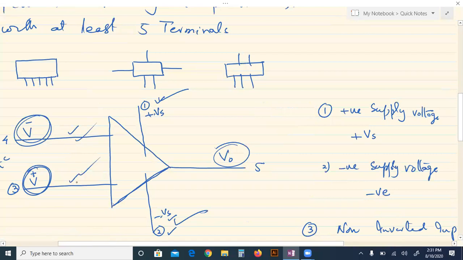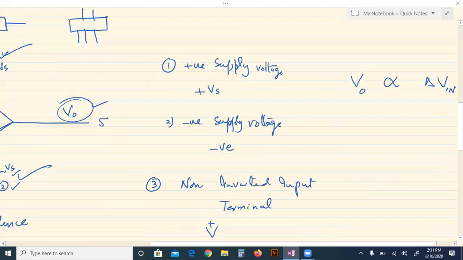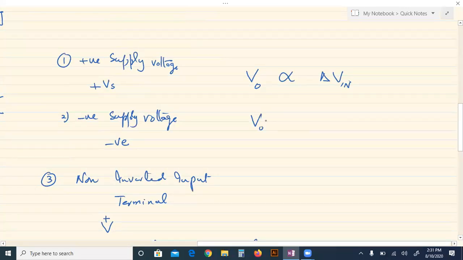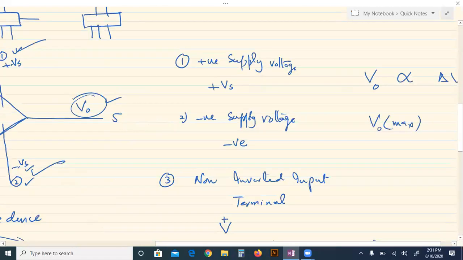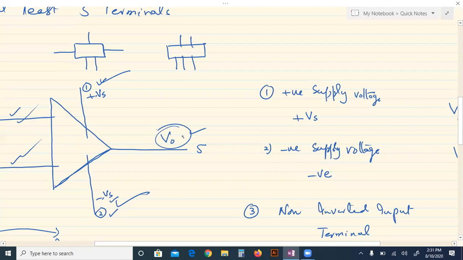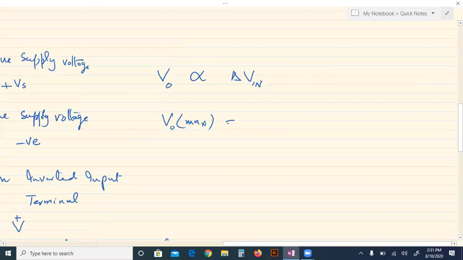The difference of these two voltages and this output are directly proportional to each other, and the maximum output from the output terminal is equal to the supply voltage. The maximum output which can be obtained from any operational amplifier is plus or minus the supply voltage.